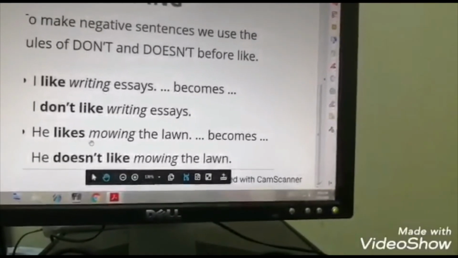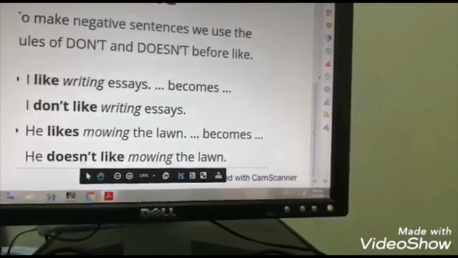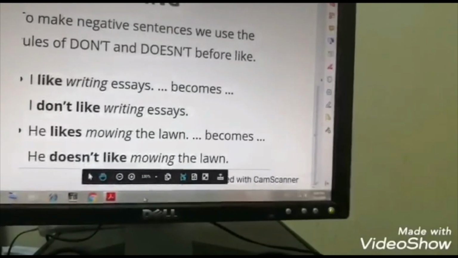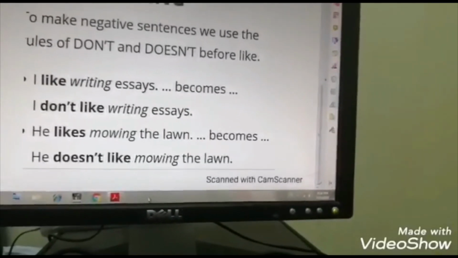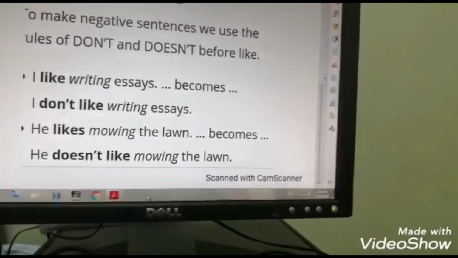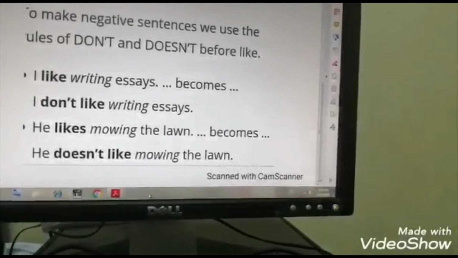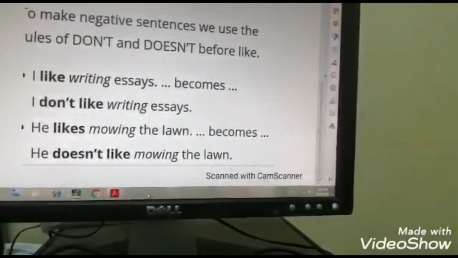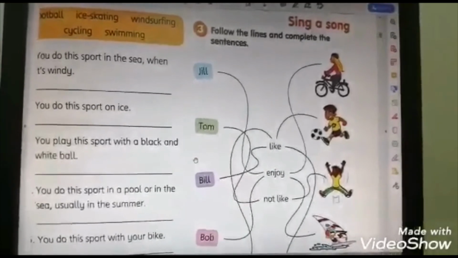He likes mowing the lawn. He doesn't like mowing the lawn. I hope you understand that we don't say I like to writing essay. With the verb, we use ing. I like writing essays.